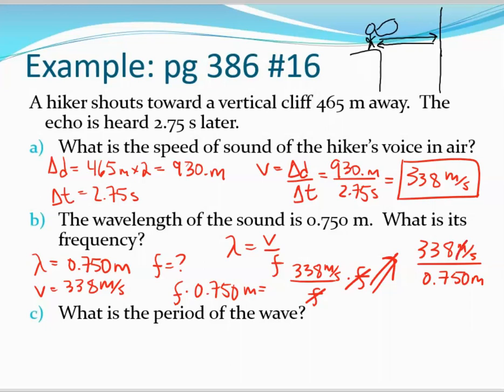And that way I get meters to cancel, and I'm left with the units I want, which is, notice, it's like 1 over seconds, or waves per second, which is also known as hertz. So if I do that, when I round as I go, I get 451 hertz.